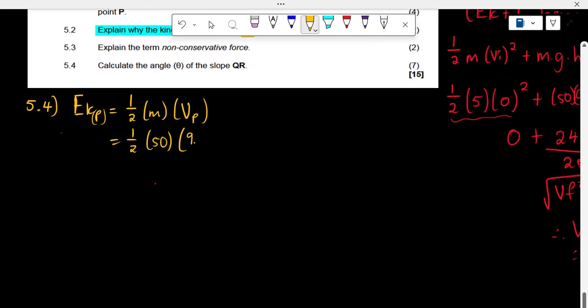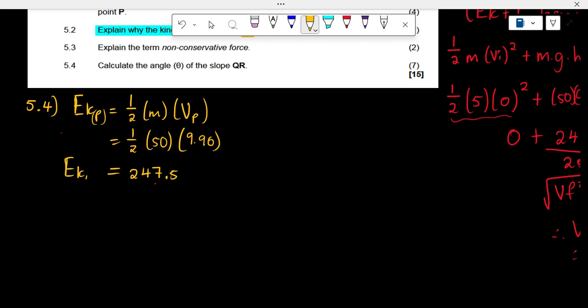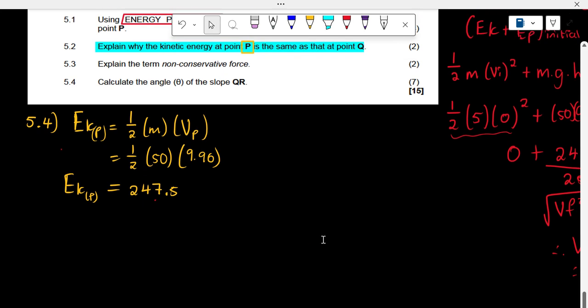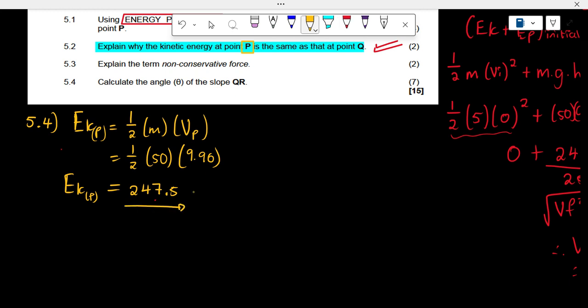So that's going to be 9.90. As a result, this becomes 1 over 2 times 9.90 times 50, and that gives me a value of 247.5. So that is the kinetic energy at point P. And remember, now we know that the kinetic energy at point Q is the same because of this statement here. So now we can say, okay, I'm not done, just make joules.